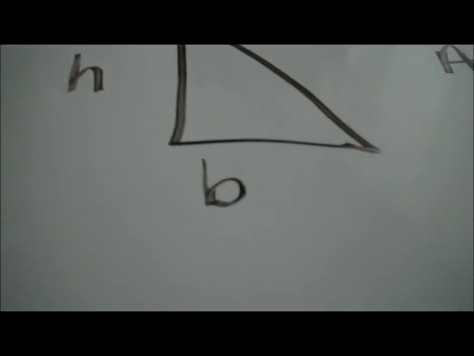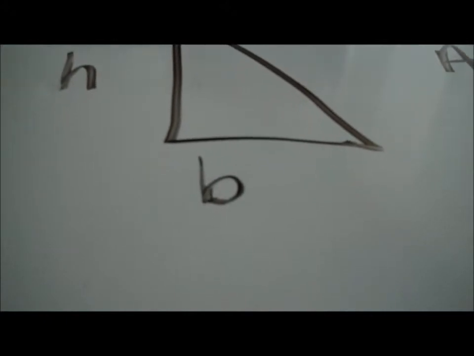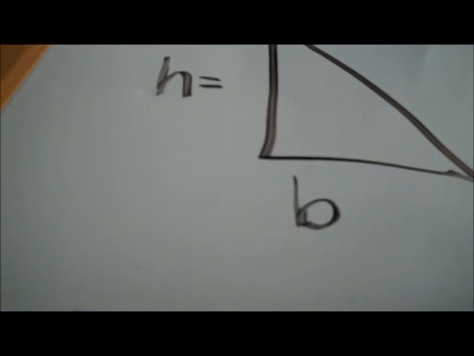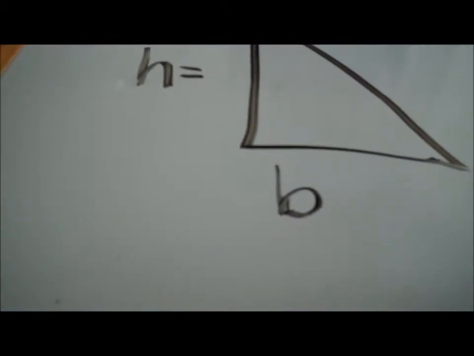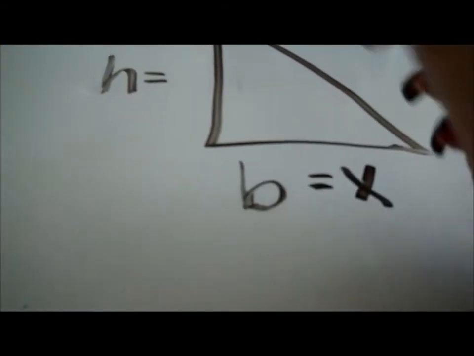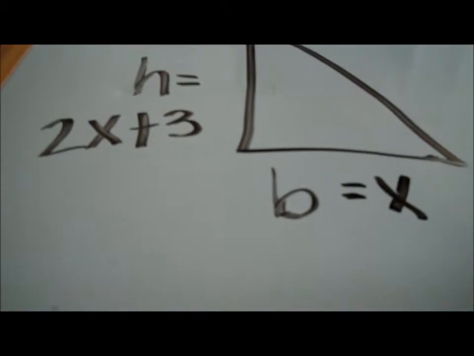So again, we go back to the problem. It says find the base of a triangle if the height is 3 more than twice the base. So that means that our base is our x, height is twice the base, so 2x plus 3, since it's 3 more than twice the base.